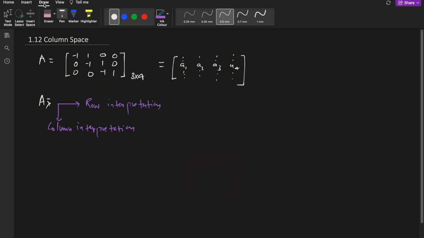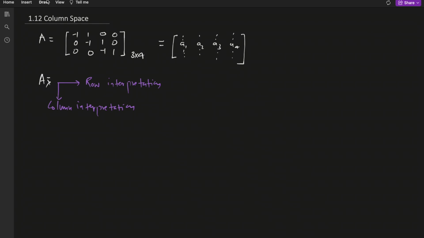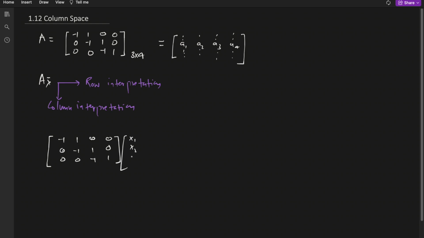So what is the row interpretation, or row picture? In the row interpretation, AX comes from dot products of X with the rows of A. We have this matrix, and then we are multiplying it with the vector X, X1, X2, X3, X4.